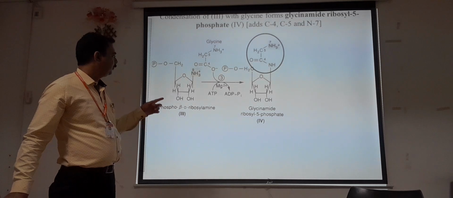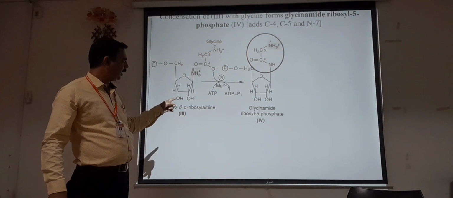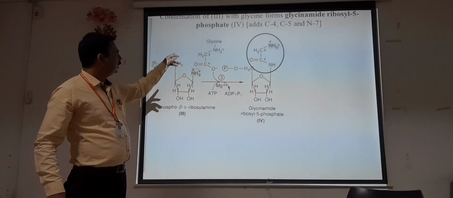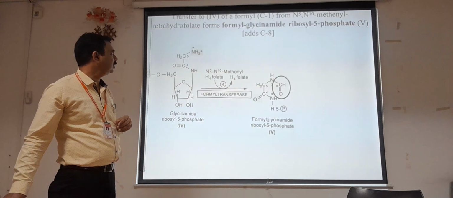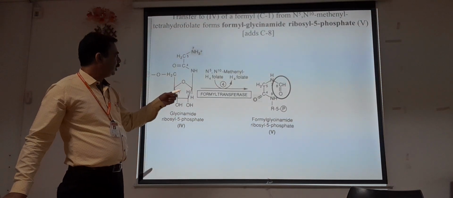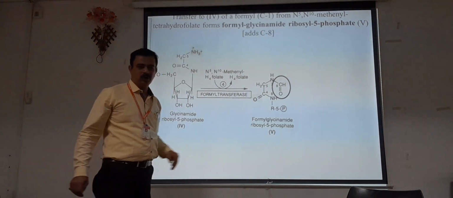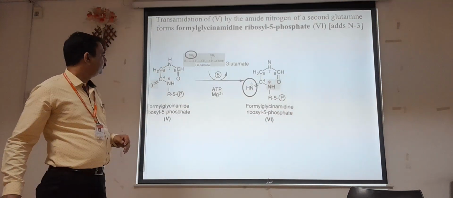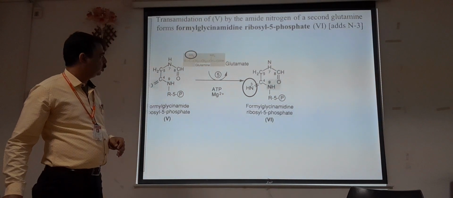Then 5-phospho-beta-D-ribosylamine gets converted to glycinamide. So glycine molecules get attached to it in order to make a proper configuration. A formyl group is added with the help of the enzyme formyl transferase. See this. Then glutamine is again converted to glutamate.